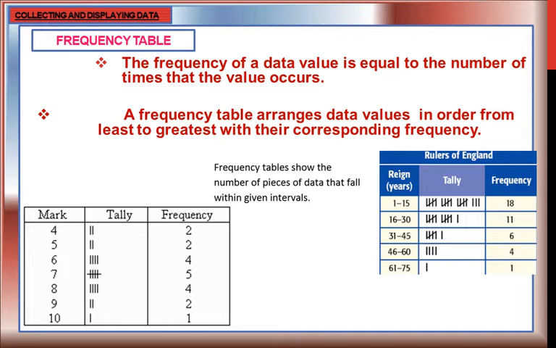Then 16 to 30, 31 to 45, 6, and 46 to 60, 4 children got marks between 46 and 60, and 1 child got a mark between 61 and 75. That is the meaning of frequency.